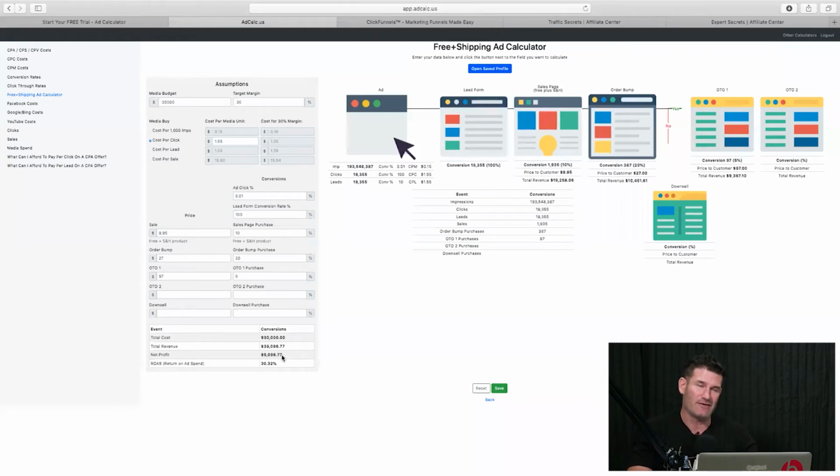The challenge I have is, for all the people that do that, if the people don't buy, you're losing all of that traffic. You're not capturing any data. So in this scenario here, you're converting 10% of the people on the sales page, okay?